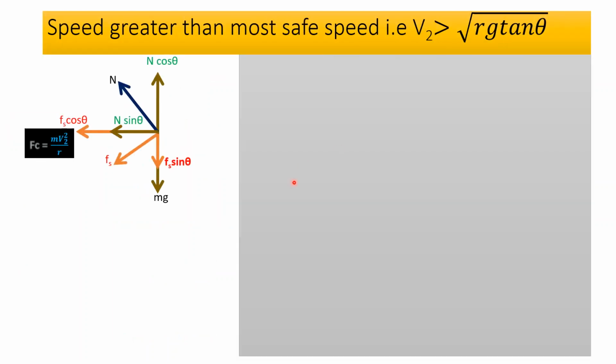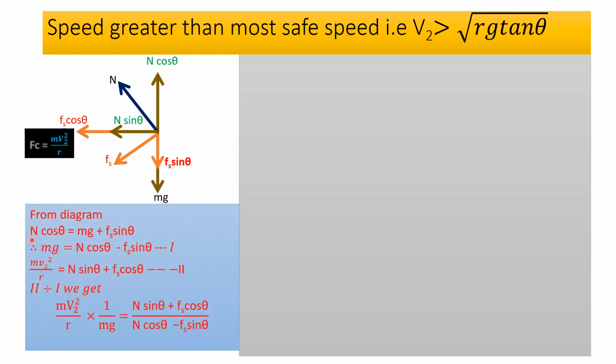In this vector diagram, the component N cos theta balances the two parallel downward components Fs sin theta and mg. So we can write the equation as N cos theta equal to mg plus Fs sin theta. Rearranging, mg is equal to N cos theta minus Fs sin theta.